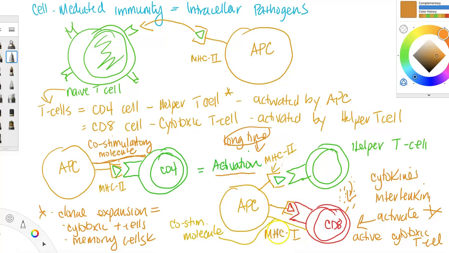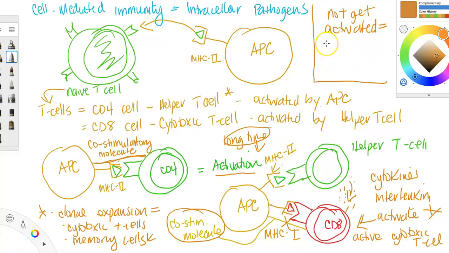Now, the co-stimulatory molecules are extremely important. There is only a finite number of those, so if there aren't any, then the T cell will not get activated. If it does not get activated, it becomes anergic, and it cannot ever be activated.